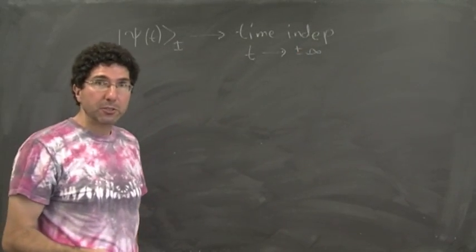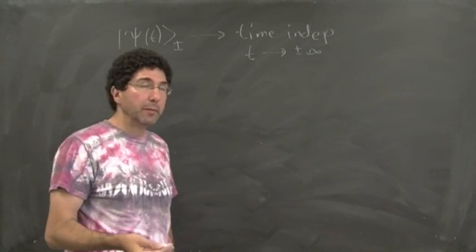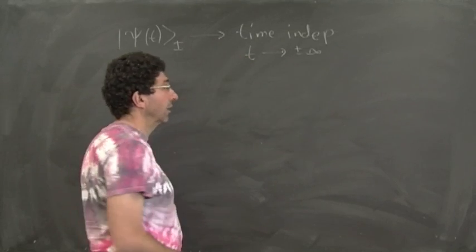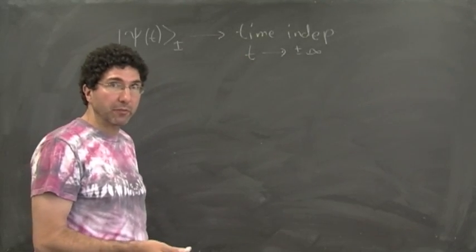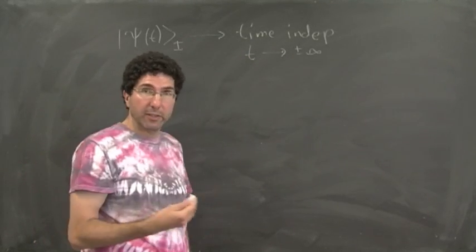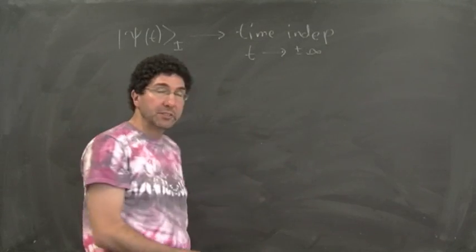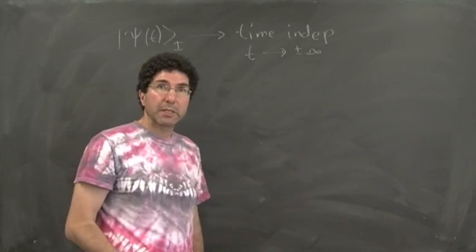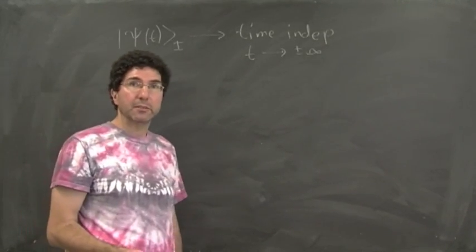Interaction picture takes out the time evolution due to the free part of the theory, and at early and late times, that's all there is, and so these interaction picture states become time independent.